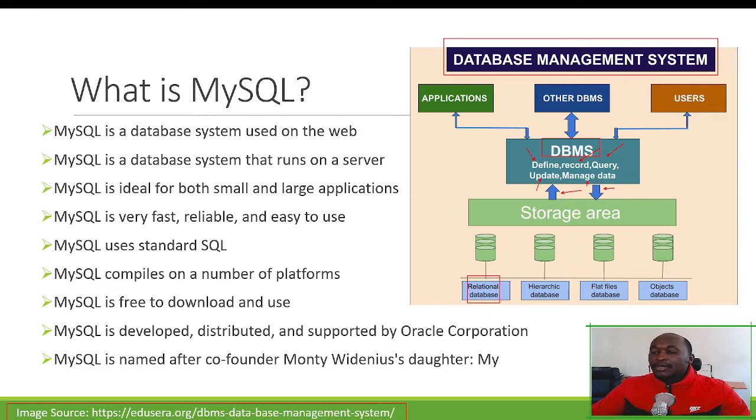And now the DBMS will be the interface between the storage area and the application. So you have, for example, your web application written in PHP, and MySQL is the one that is going to be dealing with the storage area, with the database. So that is what a database management system is, and that is what MySQL is.